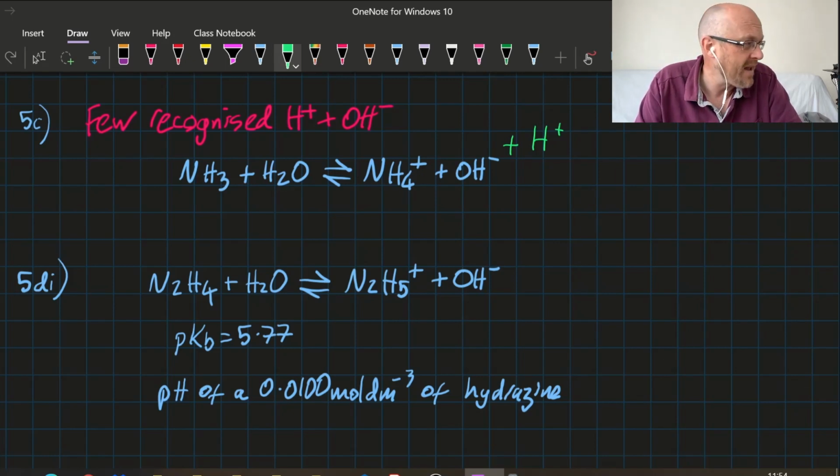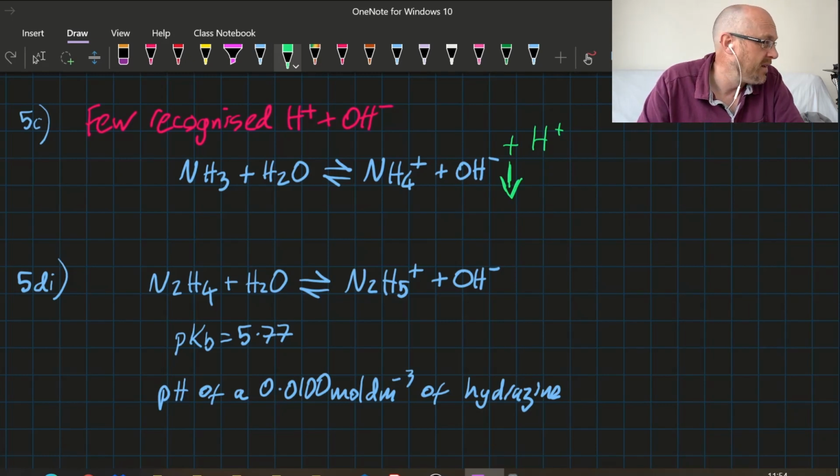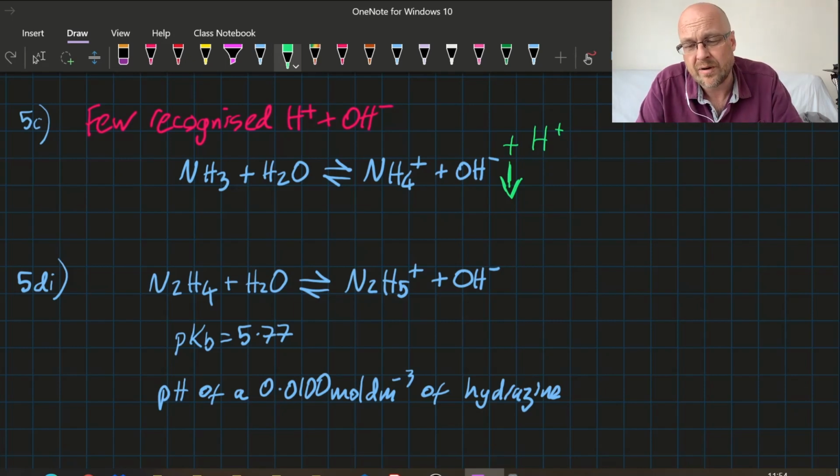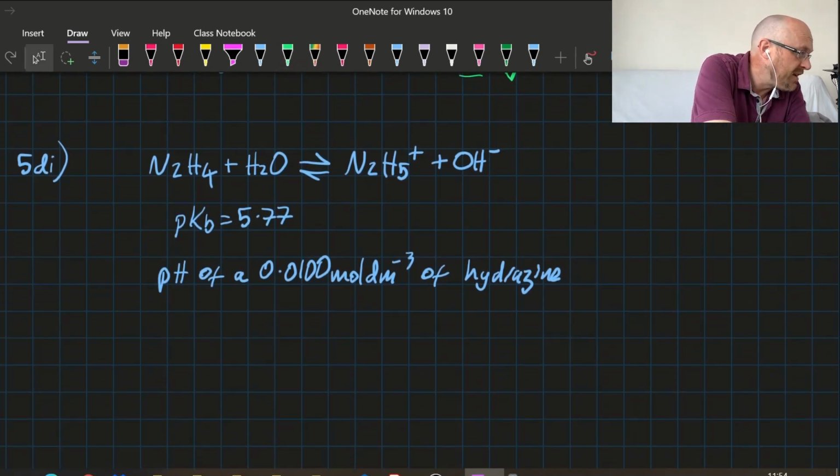So if I add H plus ions, I'm going to start removing these OH minus ions. If you stress a system in equilibrium, it's going to move to oppose the stress. So it's going to shift to the product side to replace the lost hydroxide. That's what I'd say. Yep, that's right.